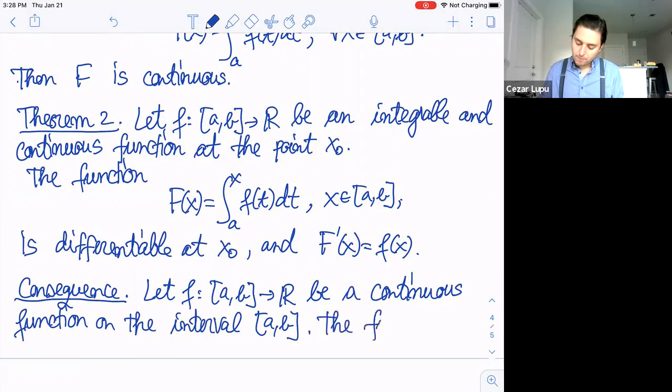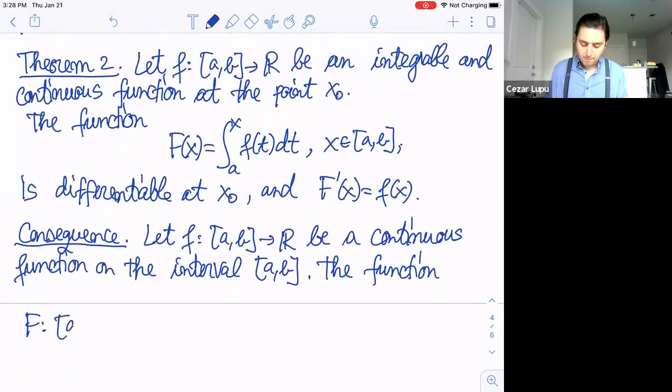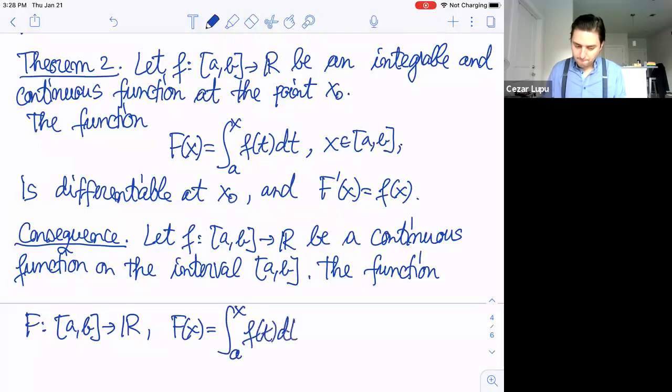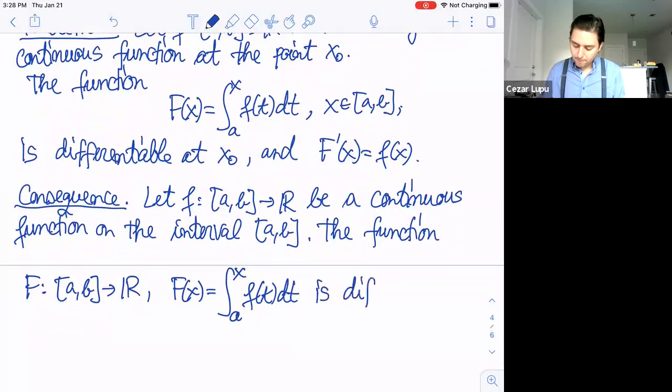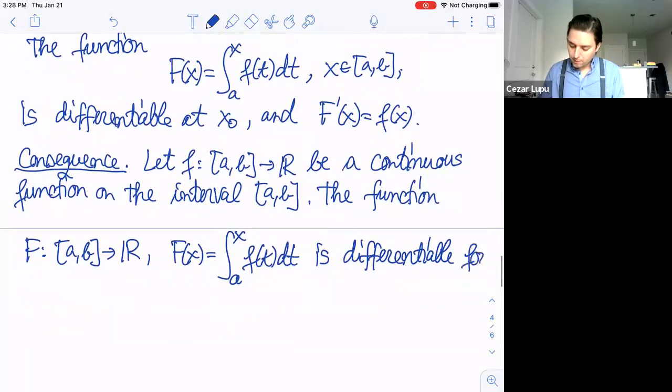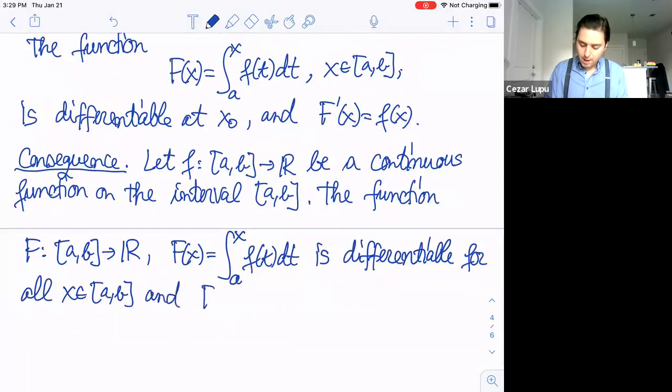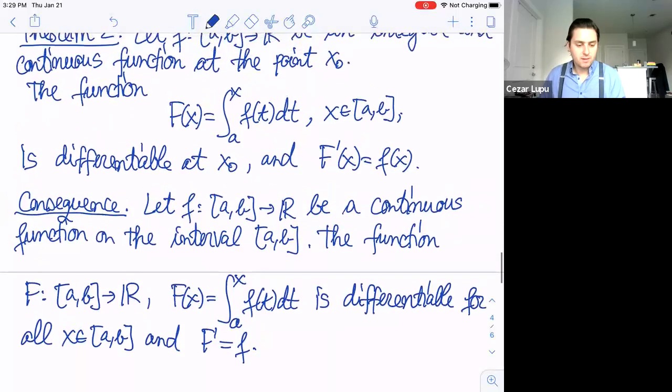The function F defined from [a, b] to the reals, F of x is the integral from a to x of f of t dt, is differentiable for all x in [a, b], and moreover, F prime is f. So it's even more, it's differentiable.